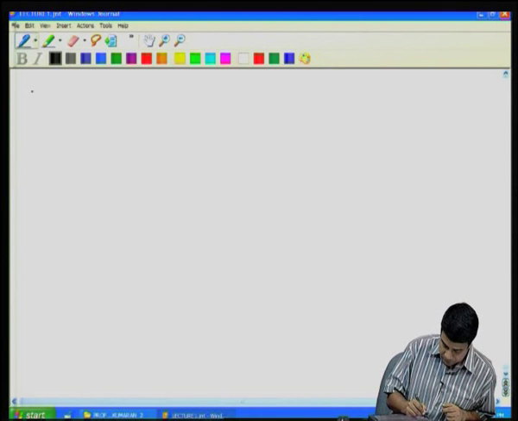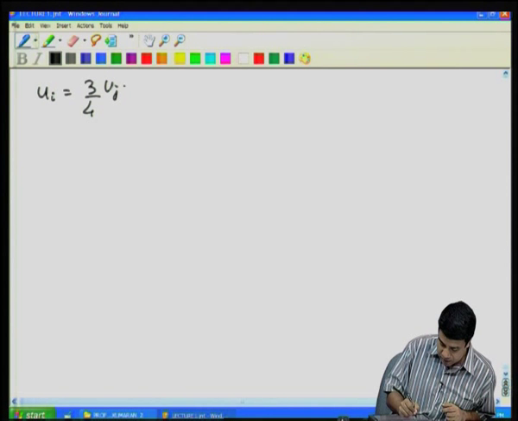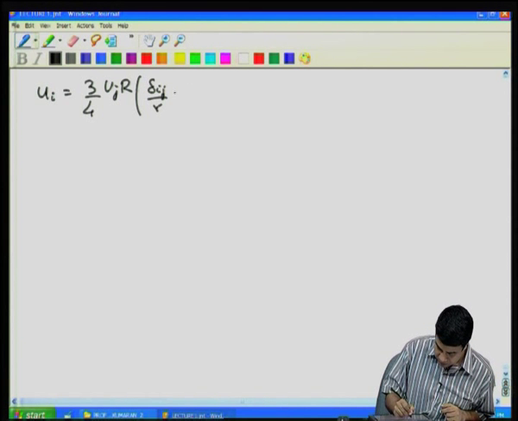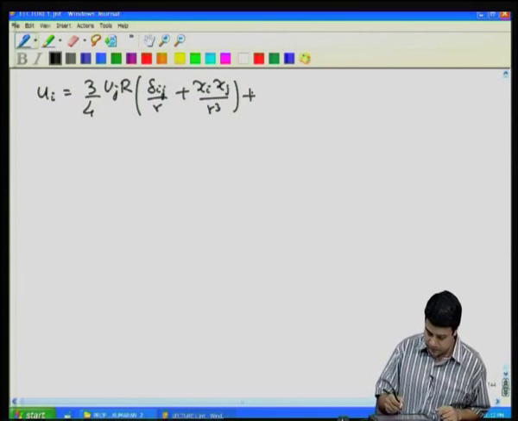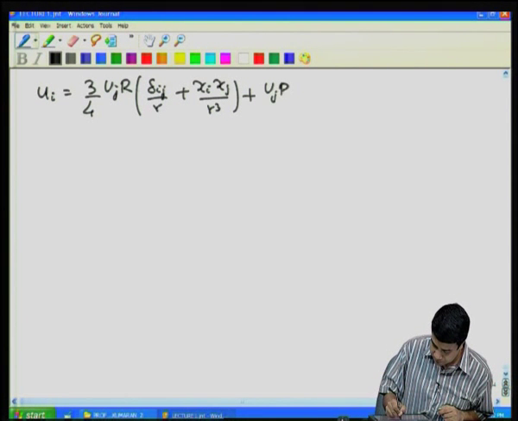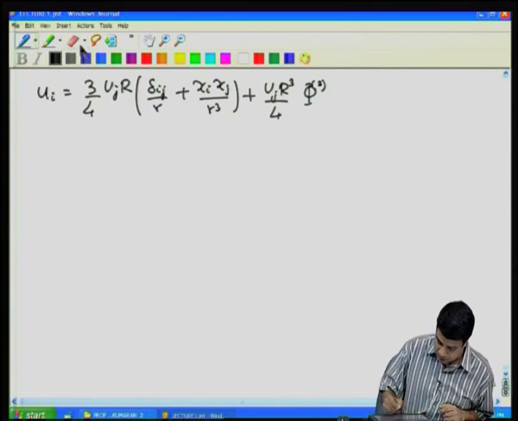So, I will write this as u_i is equal to 3 by 4 u_j r into delta_ij by r plus x_i x_j by r cubed, okay, plus r cubed by 4 into the second solution for the spherical harmonics.